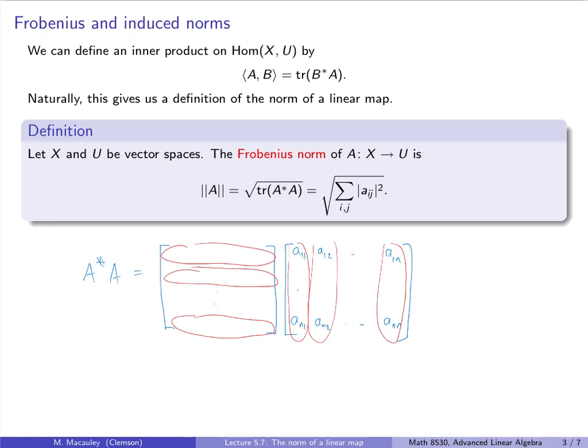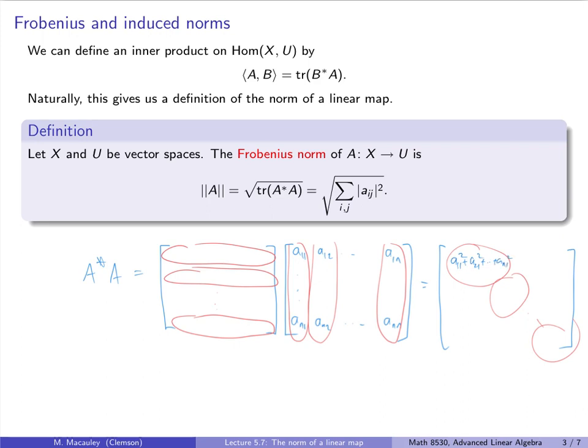So if you think about what the diagonal entries of this are going to be, well, this 1 entry is just the dot product of the first row with the first column, and what that is is A11 squared plus A21 squared plus AN1 squared.